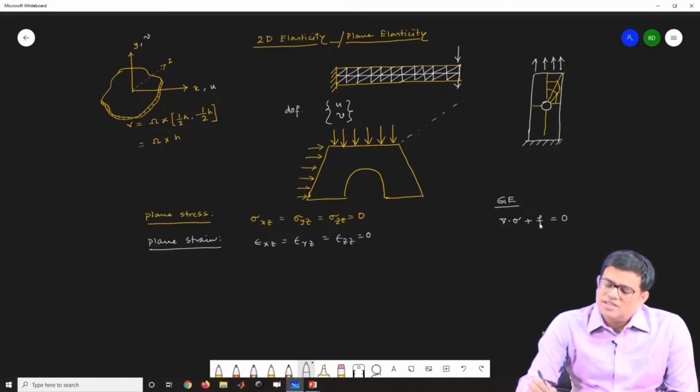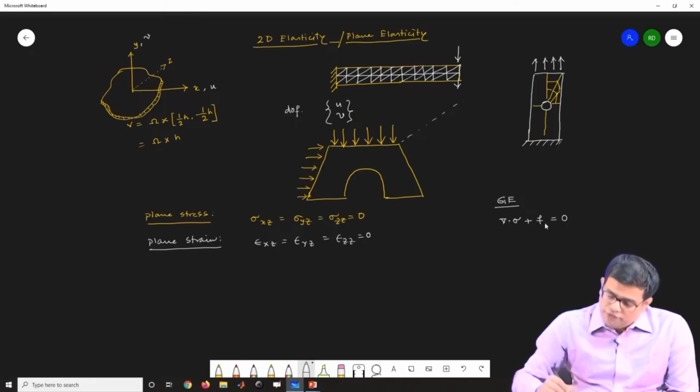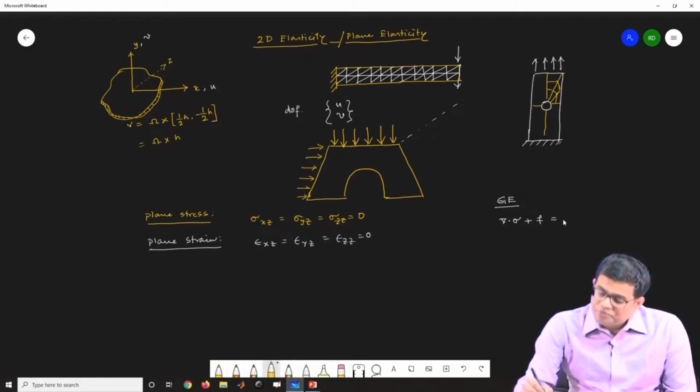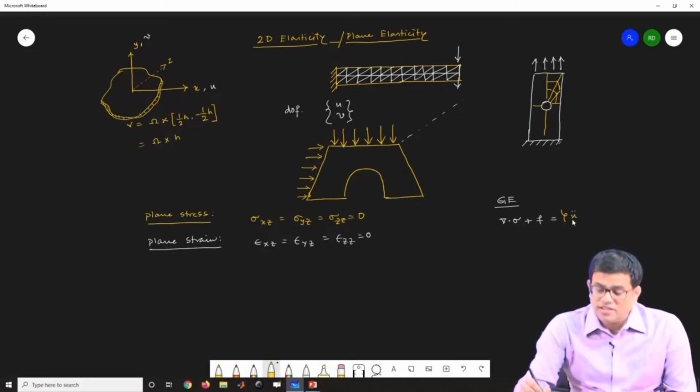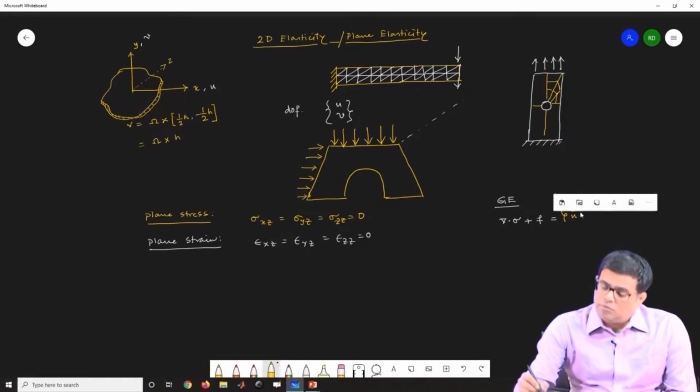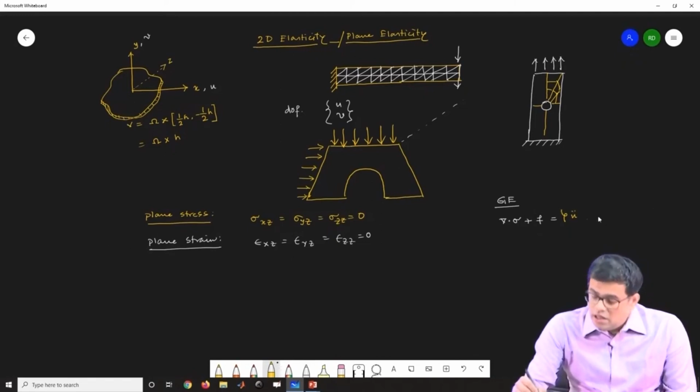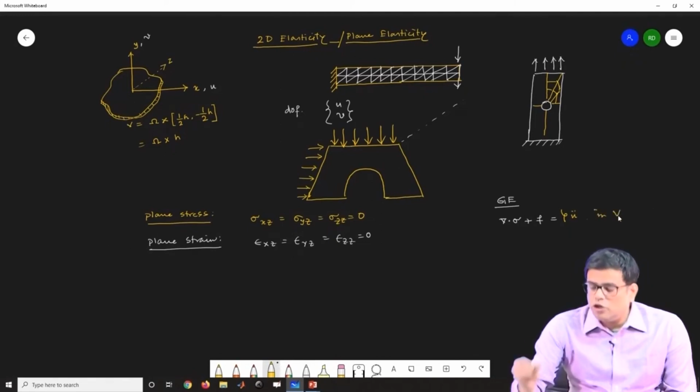This is the body force, and if you want to consider the dynamic effect, then you also introduce rho u double dot, where u is obviously a vector containing u, v and w. This is applicable in the total volume V.